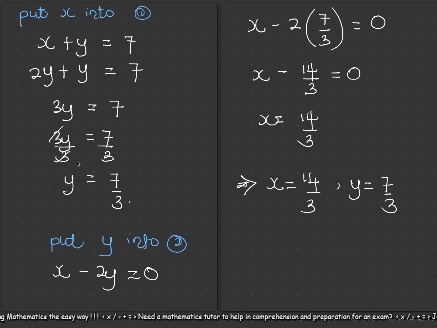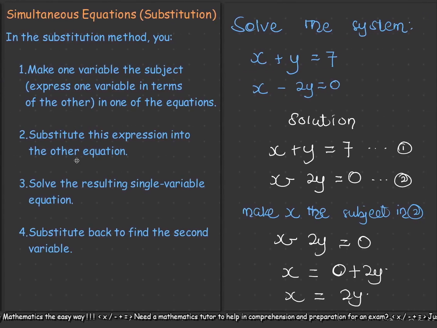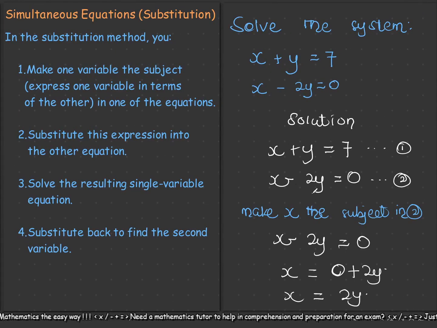And as the instruction has said, you first of all make one variable the subject in any of the equations, after which you now substitute it into the other equation. So from here, we made x the subject in equation 2. And you don't put it back into equation 2, you put it into equation 1.